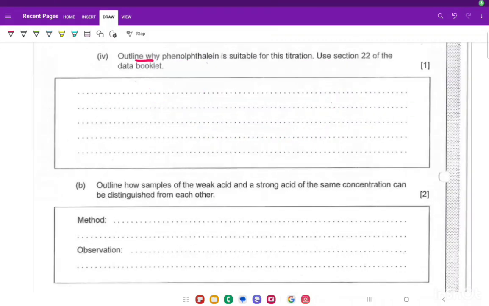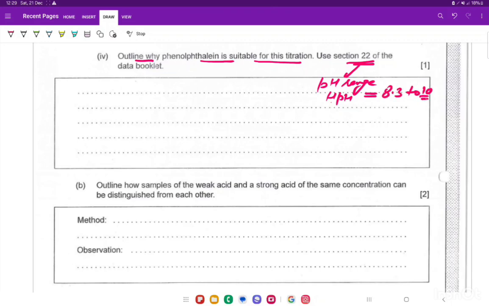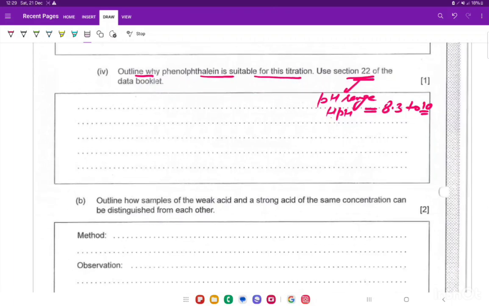Next is, outline why phenolphthalein is suitable for this titration using section 22 of the data booklet. Section 22 of the data booklet tells about the pH range of an indicator, and the pH range of phenolphthalein, HPh, as per section 22 is around 8.3 to 10. The concept here is that for phenolphthalein to be suitable for this titration, the equivalence point range of the titration should lie in this pH range.